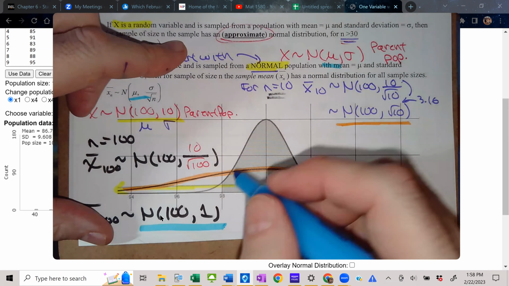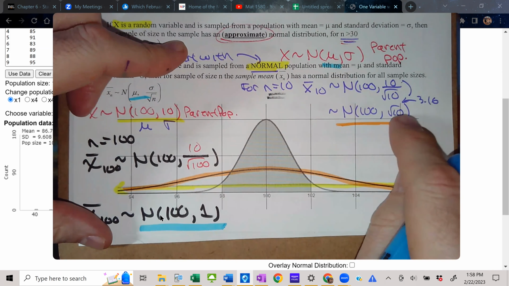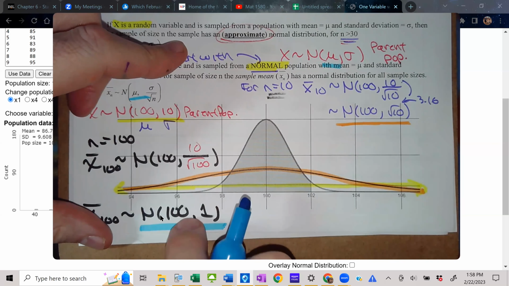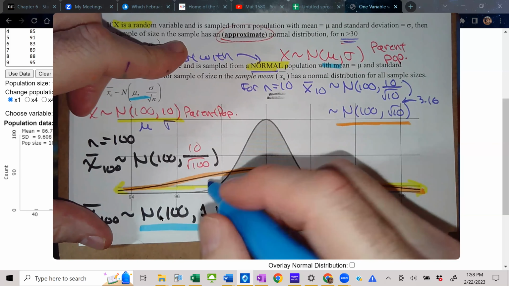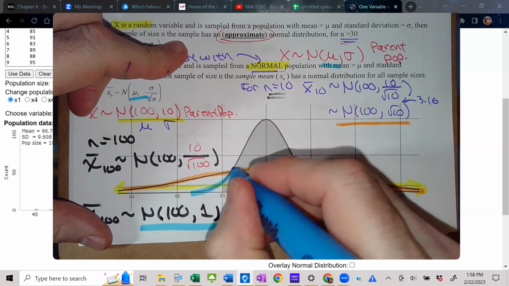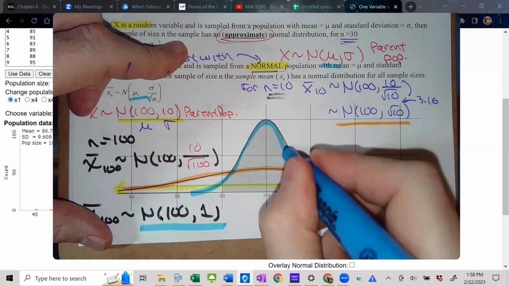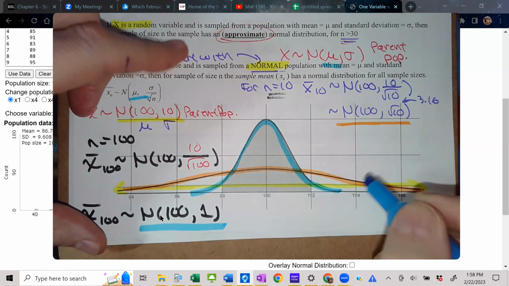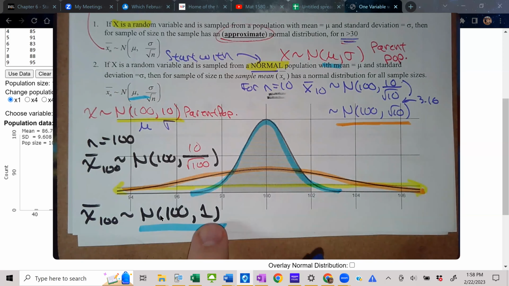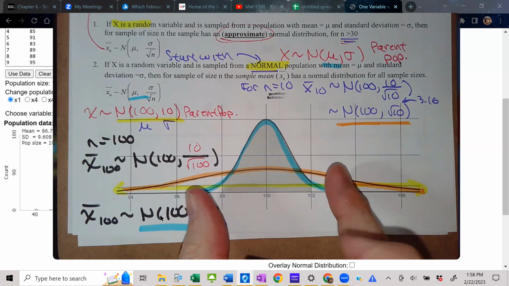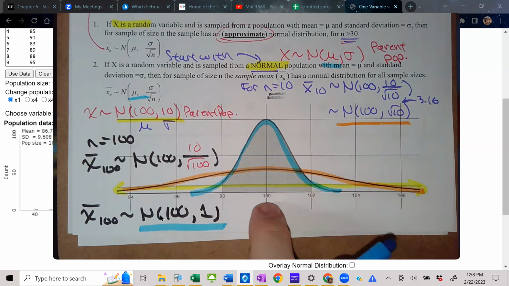Orange. Yeah, the orange one. This is going to be more concentrated. And in fact, you can see that. Let me just draw it in here. Like that. So the more and more you sample, the tighter this is getting around the true population mean, which is 100.